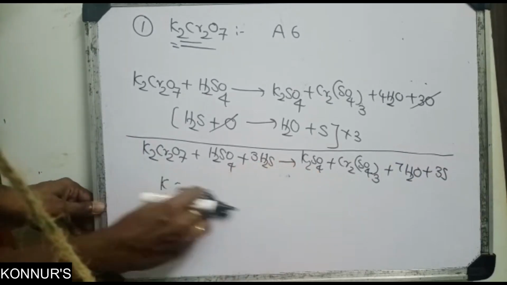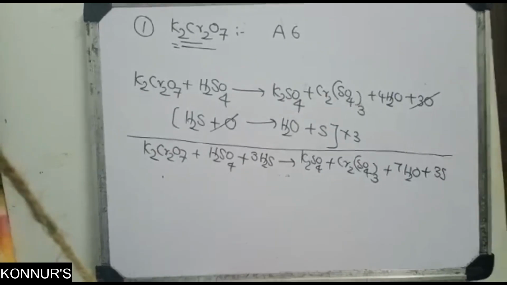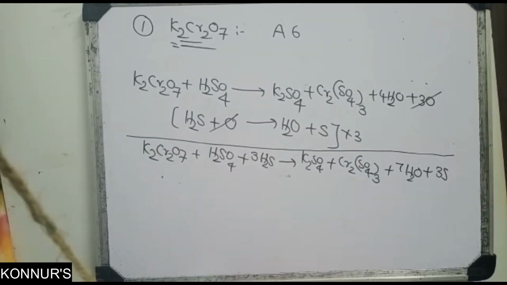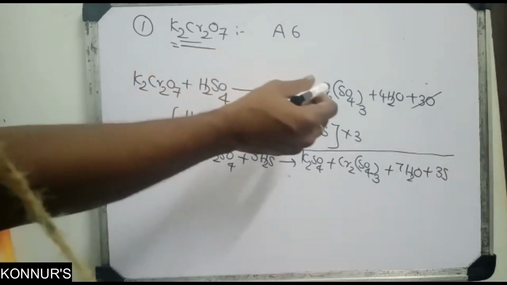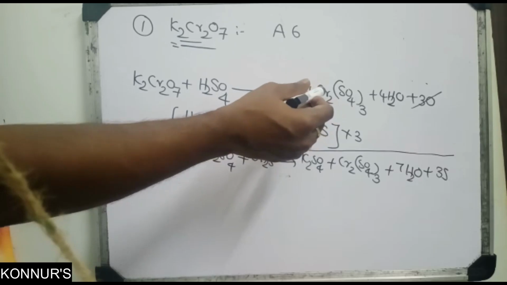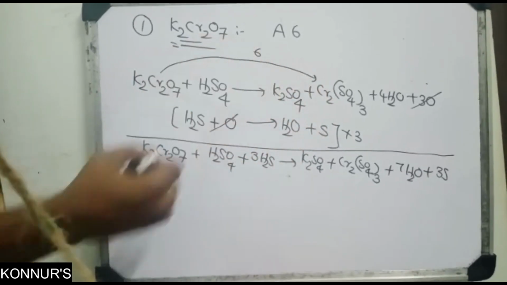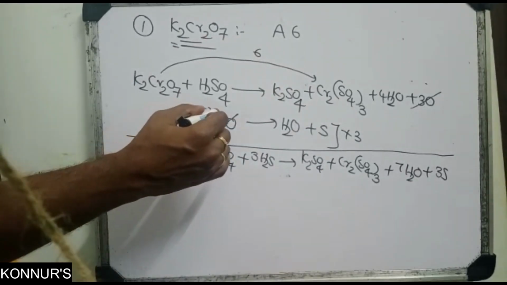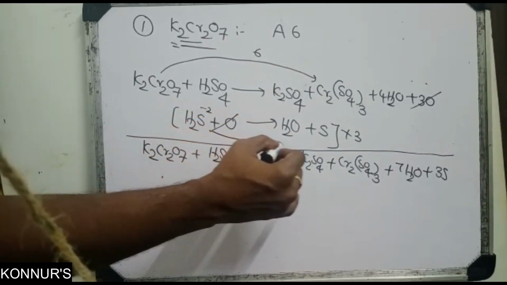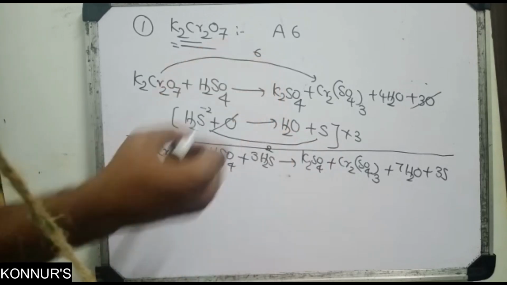Next, suppose this is theory based or whatever it may be. Now, how do you write this directly? From here to here, how many electrons are exchanged? 6 electrons. Here to here, 2 electrons are exchanged.